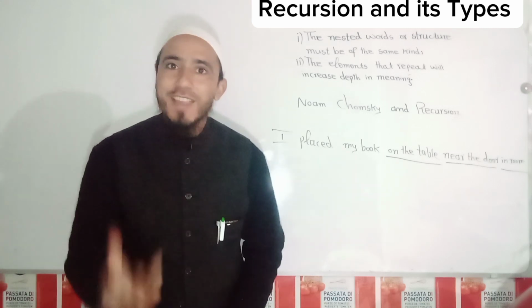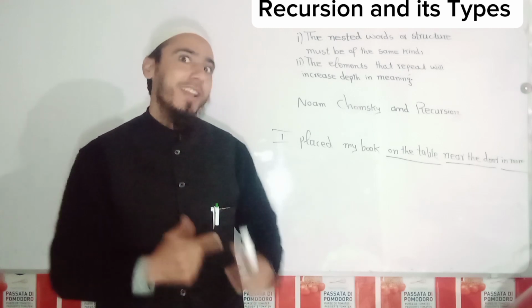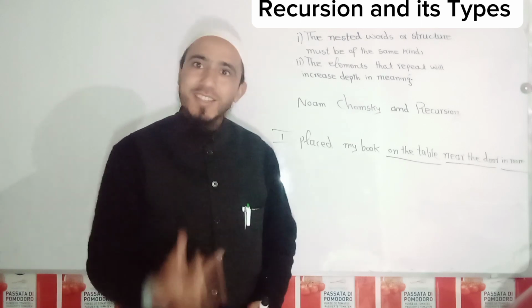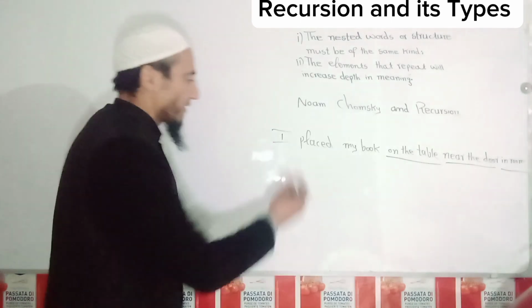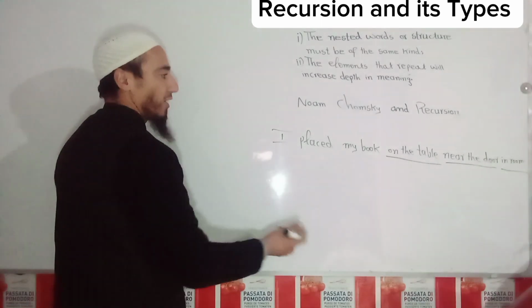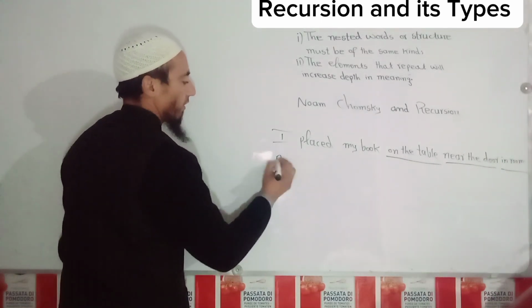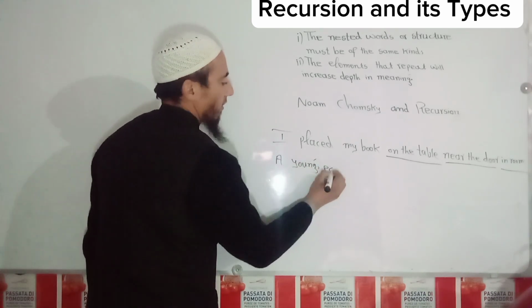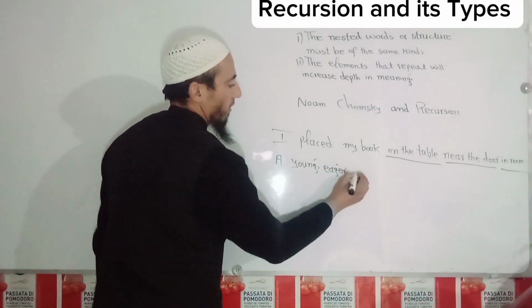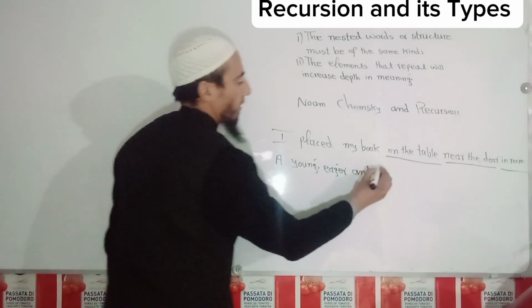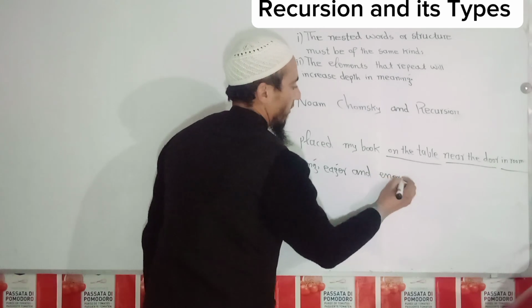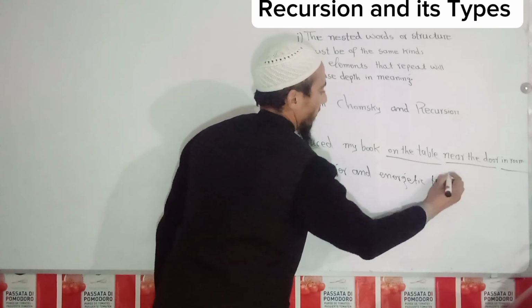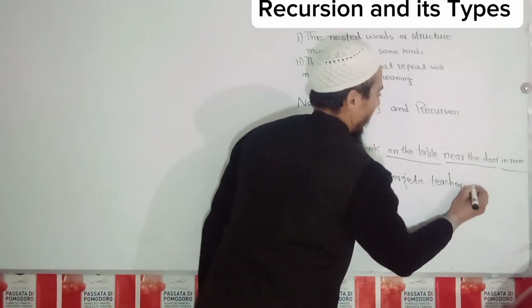Whenever we are talking about the sentence, this recursion can also be found in a sentence, even in adjectives, because this is the quality of human language. See, for example, I'm talking about adjectives now as recursion: a young, eager, and energetic teacher is standing.